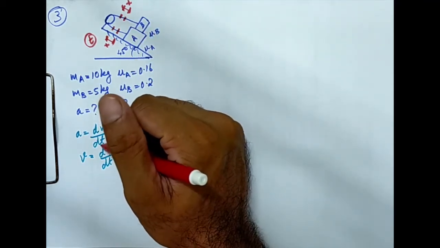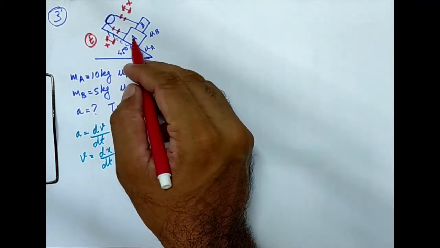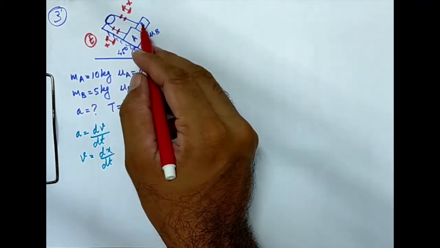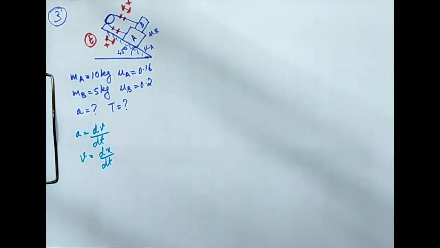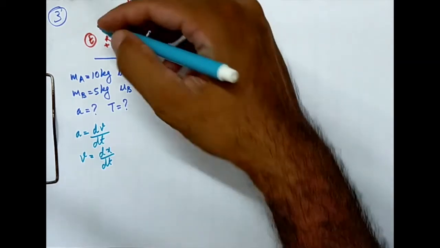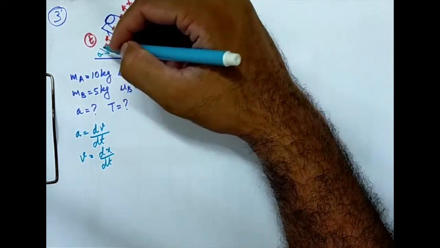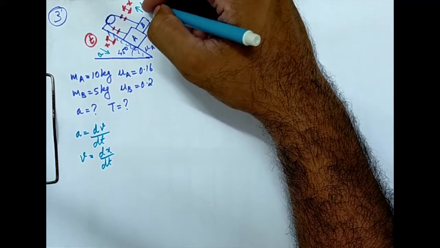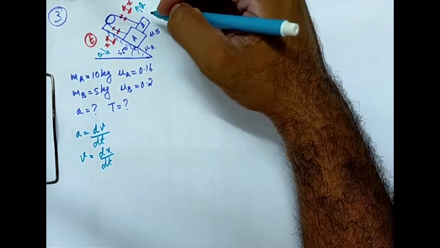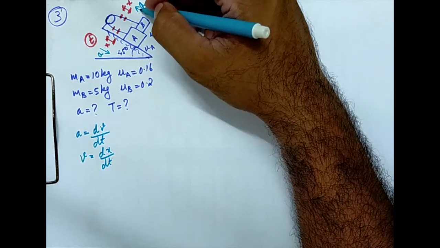So what will happen to the acceleration? Acceleration is velocity by time. So we can find that the acceleration of object A and acceleration of object B are equal in magnitude, which means that object A will be having an acceleration in this direction and object B will be having an acceleration with the same magnitude as that of A but in the opposite direction.